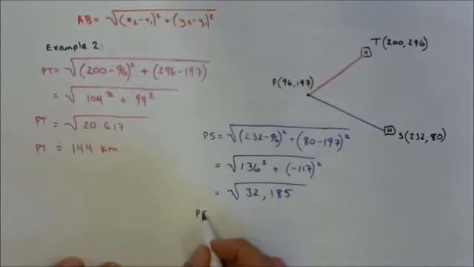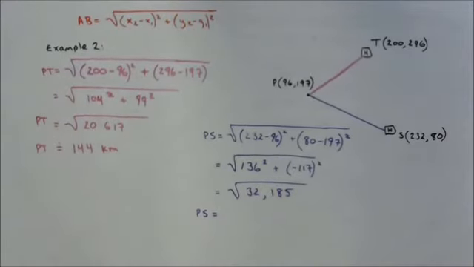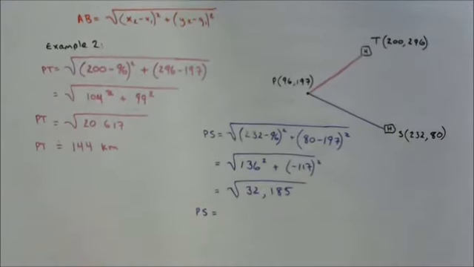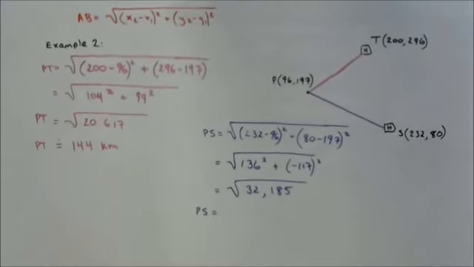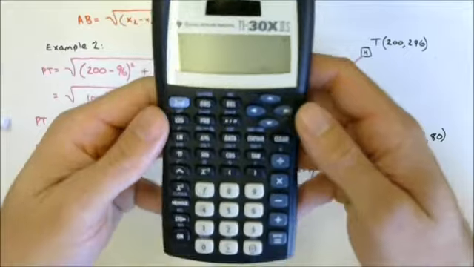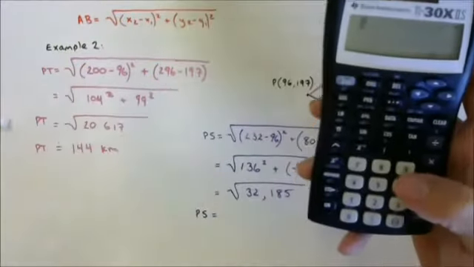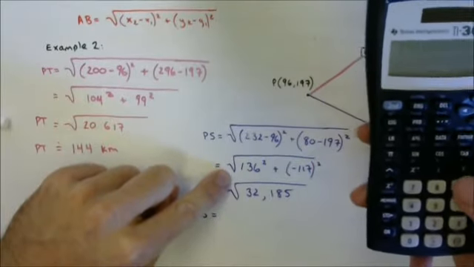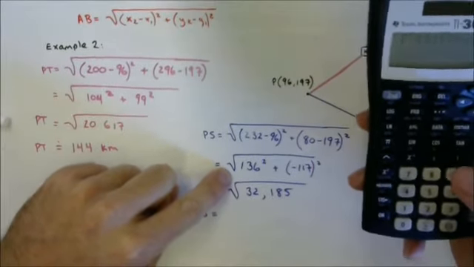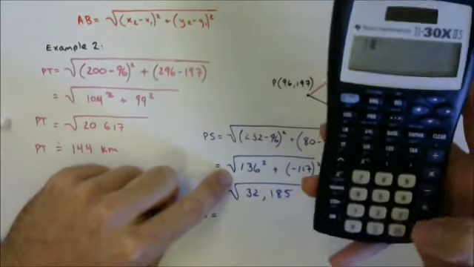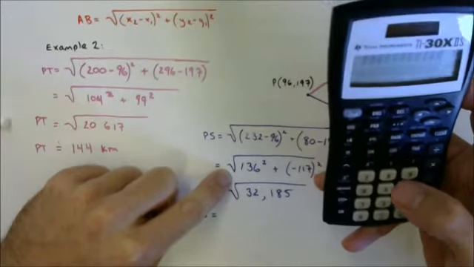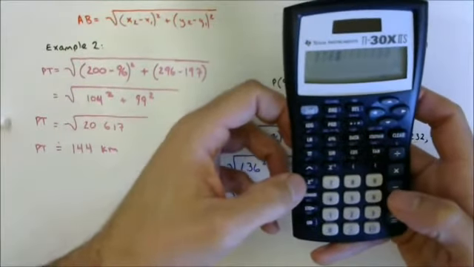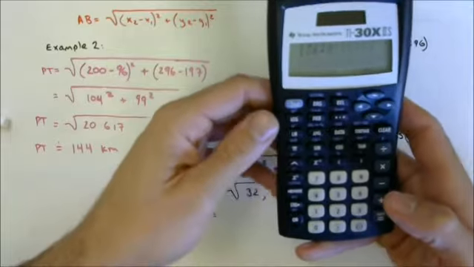We take the square root of that, which if I just show you quick in your calculator, I don't seem to have a good calculator here. So again, if you were doing this on the calculator that you have, then straight from this section underneath the radical, you could type 136 squared, which is this x squared button on the left.